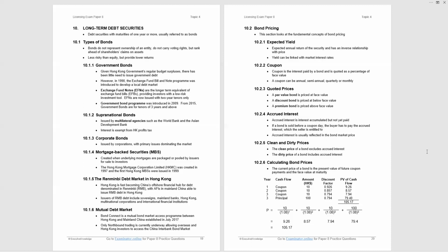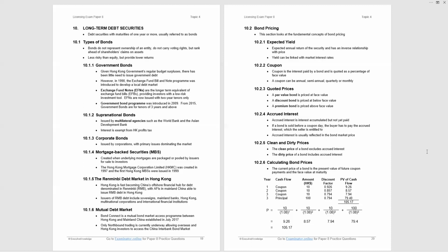Now, calculating bond prices, very mathematical. And yeah, you could get a question, not every exam, but they could throw one in. Let's look at the overall concept first. When you buy a bond, you're buying a series of future cash flows. You will be buying the coupons and the redemption value, the value that's paid on maturity, and we're referring to that as principal.